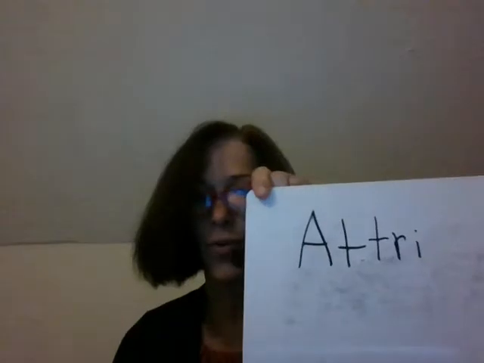So it's a big word I'm going to introduce you to today. You ready? I'm going to spell it as I go because you're going to watch me sound it out. So the first part of it is the small word at. So I'm writing at. I'm chunking my word. Trib. At tri. And butes. B-U-T-E.